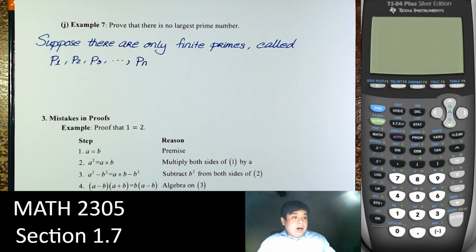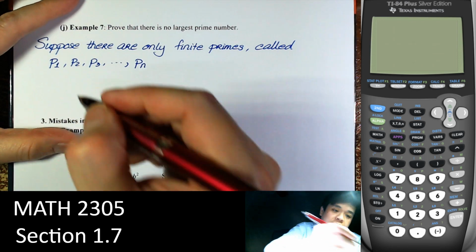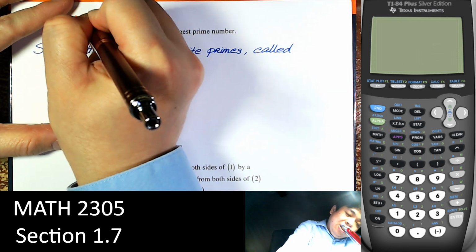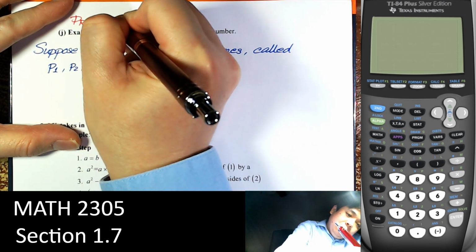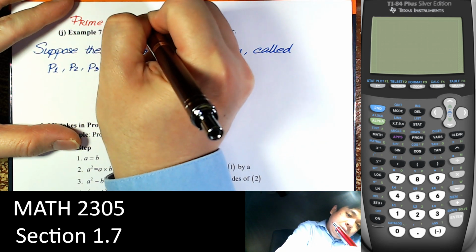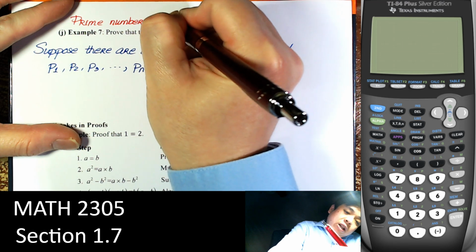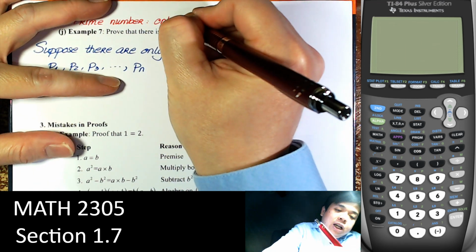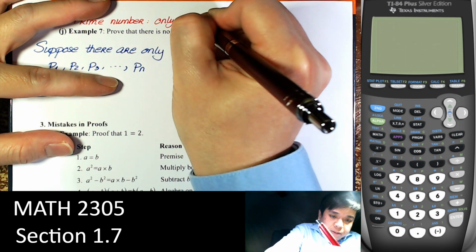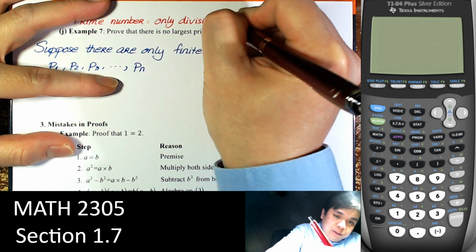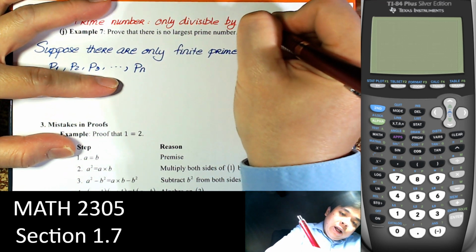But wait, let me define what a prime number is. A prime number is a number that is only divisible by one and itself.